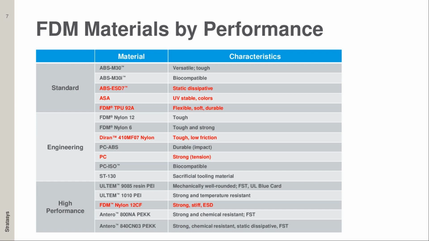Here is a chart of all of the FDM materials that Stratasys provides, and they're broken up by performance. So as you can see, it's broken up into 3 buckets. We have our standard materials, we have our engineering grade materials, and then we have our high performance. And then you can see the characteristics associated. Now, many of them are strength and toughness and mechanical performance, but there are others, and especially as you get into the more engineering and high performance materials, that offer characteristics that are equally as important, but it's not just mechanical strength.